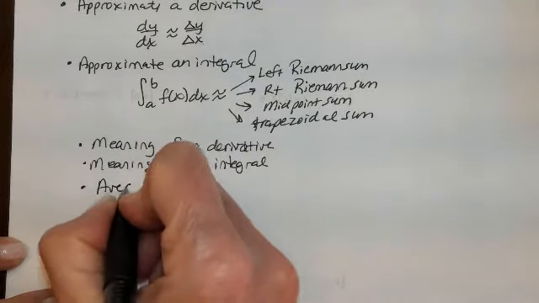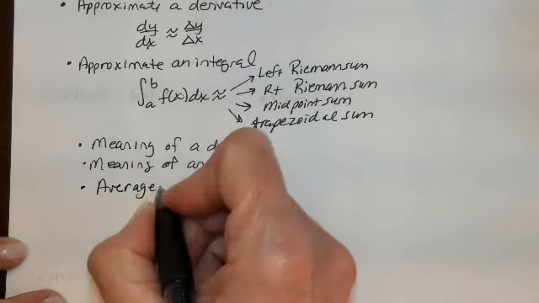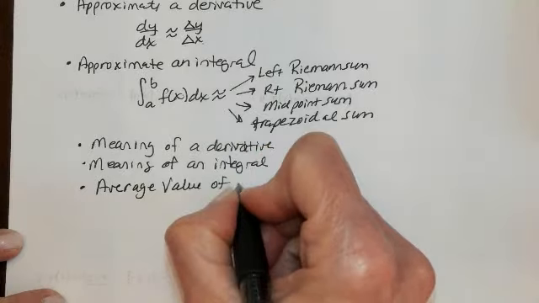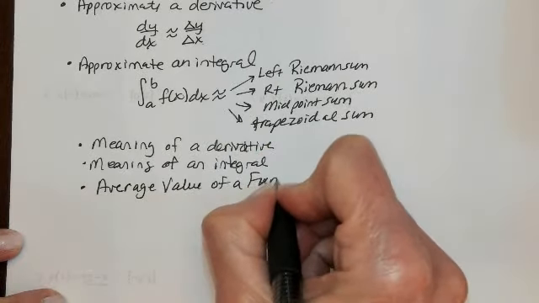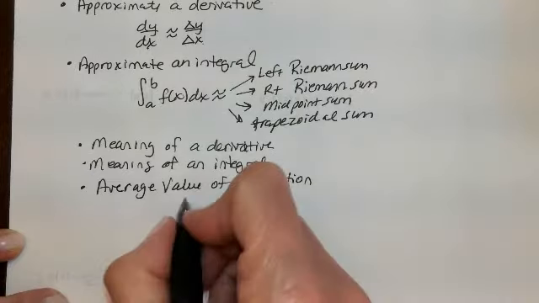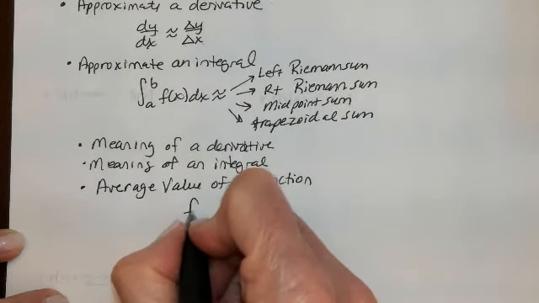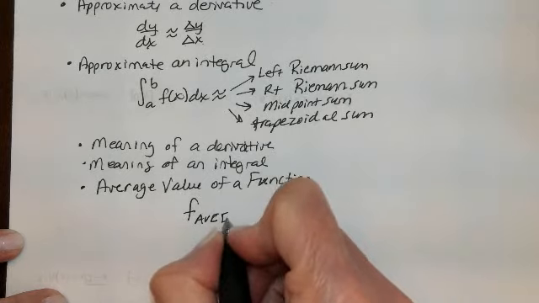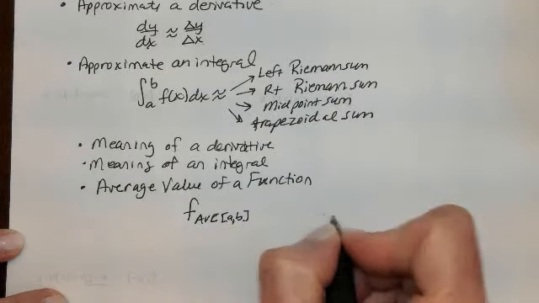You need to know for these the average value of a function. So let's review briefly the average value of a function. We use the notation f, AVE, and they will give you boundaries for this.